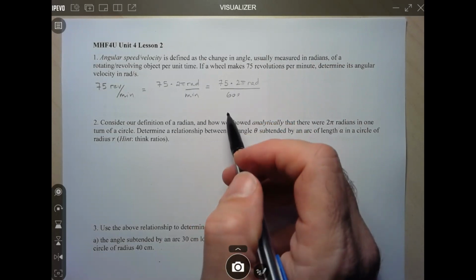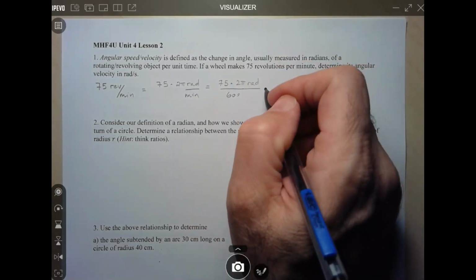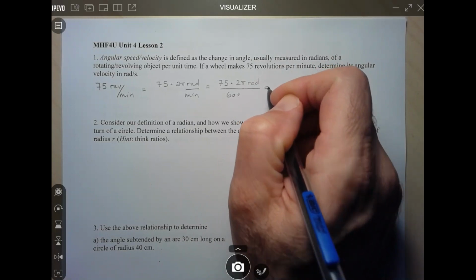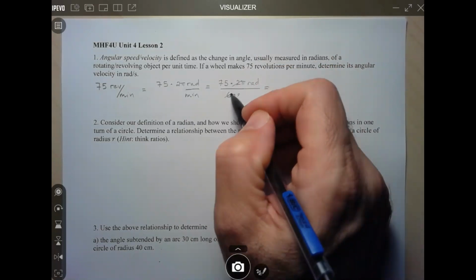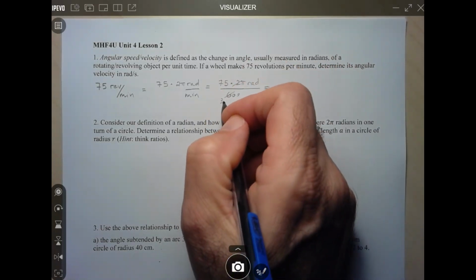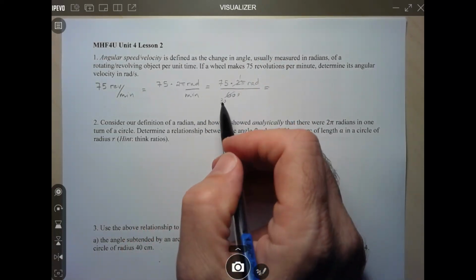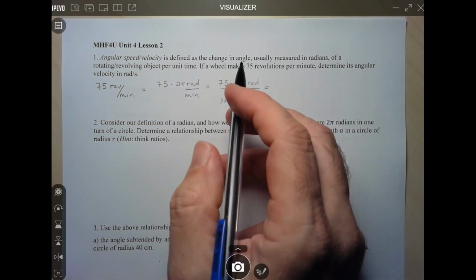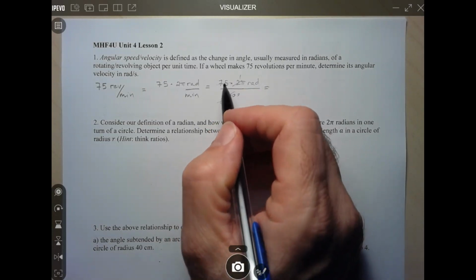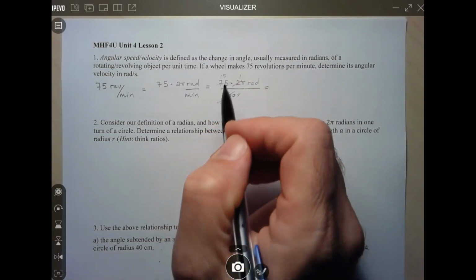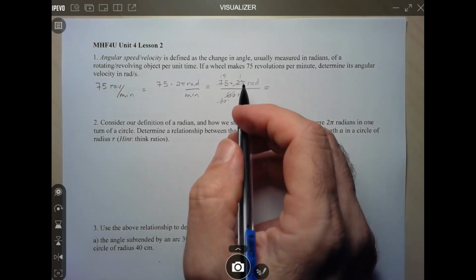We're just going to simplify this as much as we can. Here the 2 and the 60 will reduce to 1 over 30. And now we've got the 75 and the 30. Well, definitely divisible by 5. So this is 15 over 6.